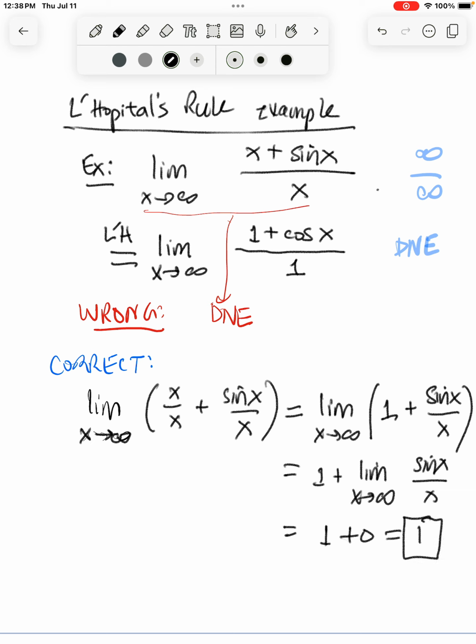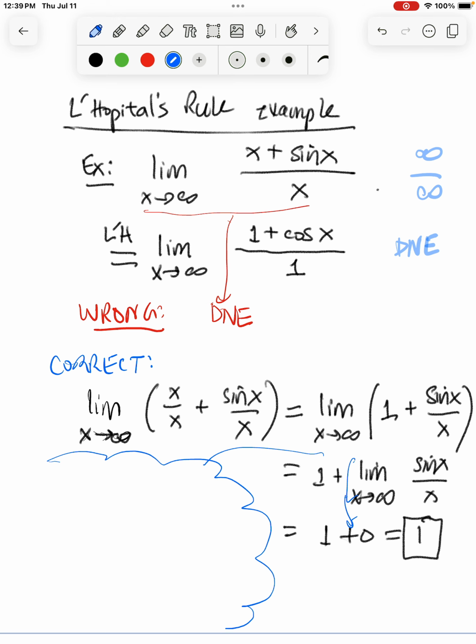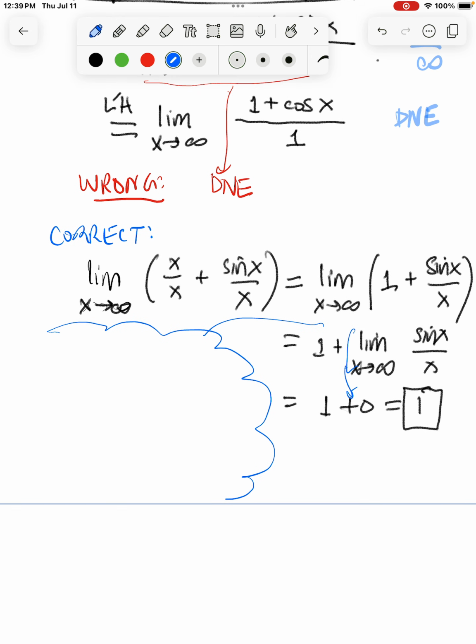And by the way, let's review, just in case you're not sure, how we get from here to 0. It's because sine x is always between -1 and 1.